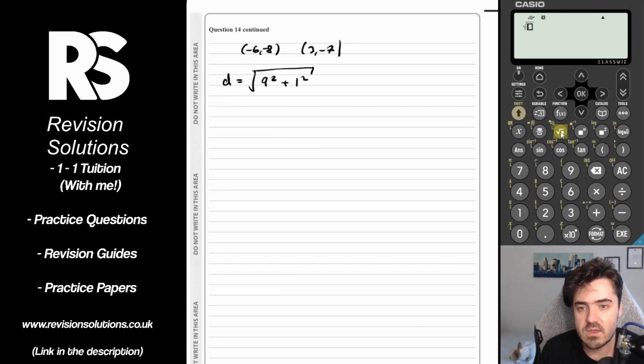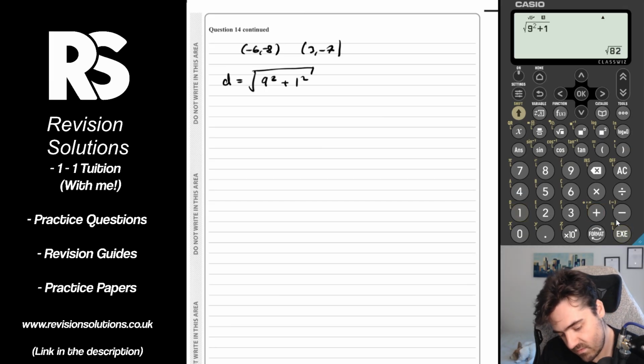So let's put that in the calculator quickly. The square root of 9 squared plus 1 is root 82.